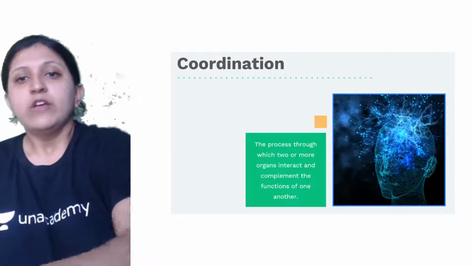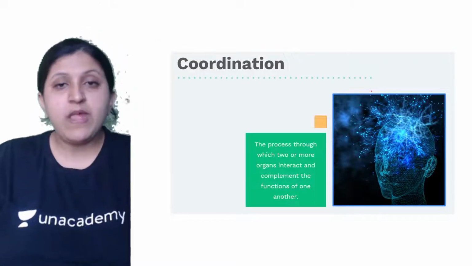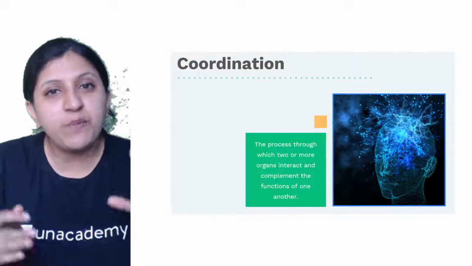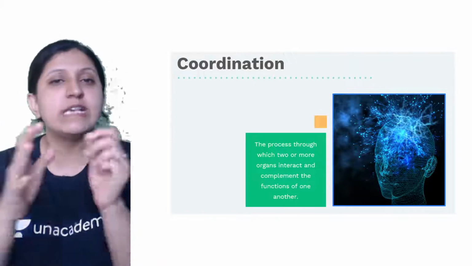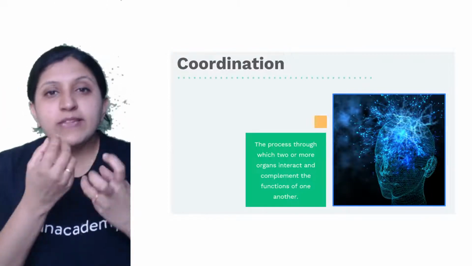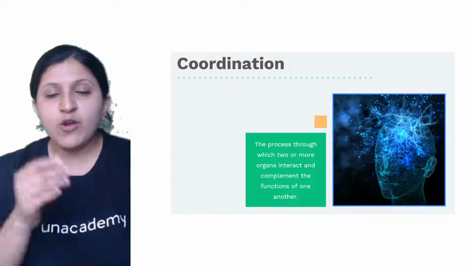So in case of coordination, how exactly is the information carried from a sense organ? The skin, the eyes, the nose, the tongue with its taste buds, or the ear.